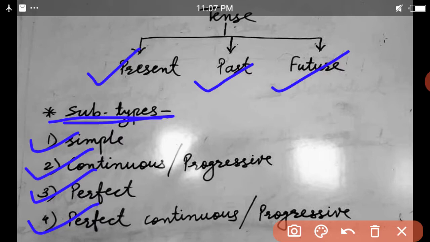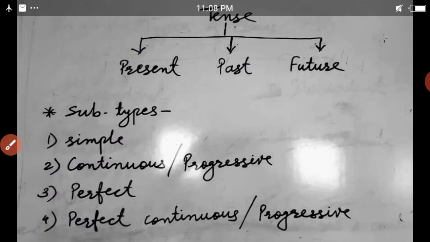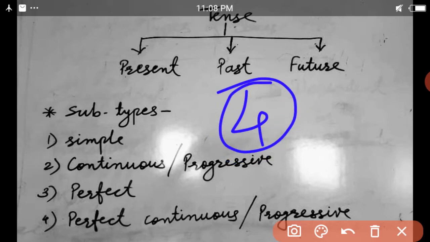Next, simple past, past continuous, past perfect, and past perfect continuous. And the last one, simple future, future continuous, future perfect, and future perfect continuous. So, in all, there are 12 types of tenses. Remember, there are three main types, and each type has four subtypes. So, in all, there are 12 subtypes of tenses.